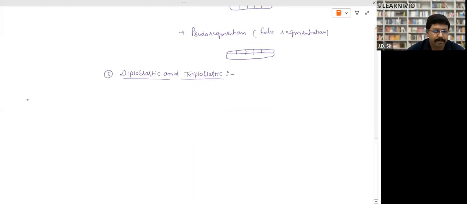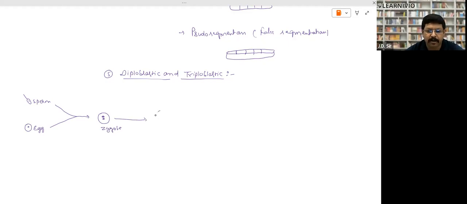First, this is an egg of an animal, and this is the sperm of the animal. The egg and sperm both get fused, and they form the zygote. Further, the zygote divides.